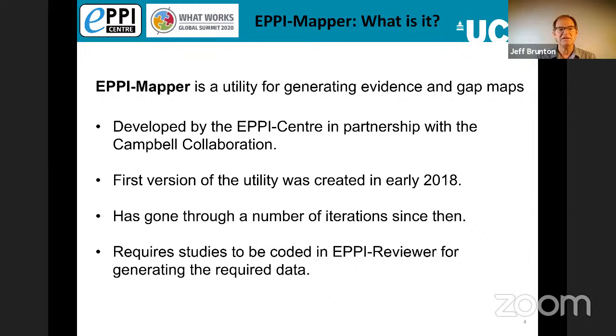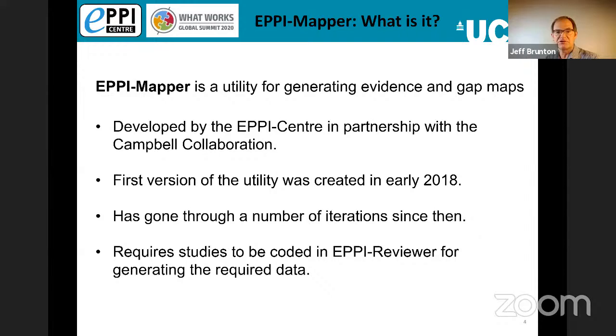So what is the mapping utility? Basically it's a utility for generating evidence and gap maps. Some people call it EPPIMapper as well. It's a name that seems to be evolving over time. It was developed by the EPPI Centre in partnership with the Campbell Collaboration.